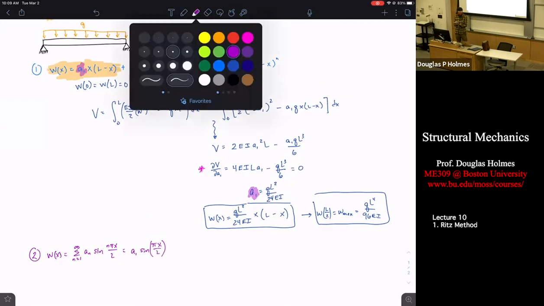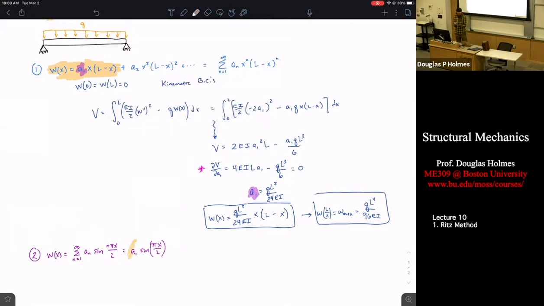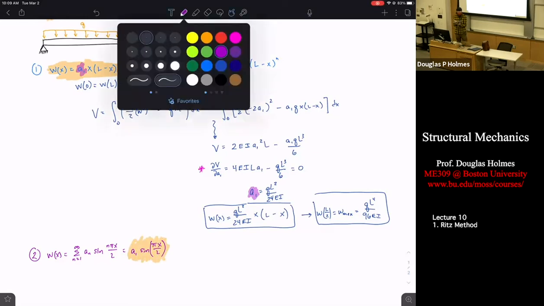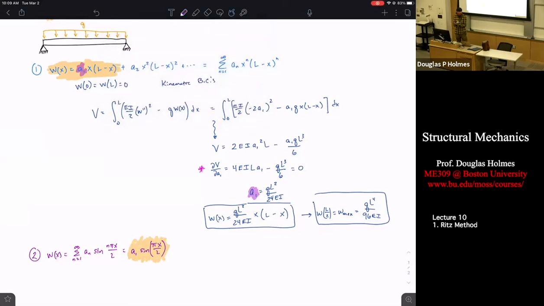I'll point out again that if you plug in W at 0 and W at L, this guess also satisfies the kinematic boundary condition.